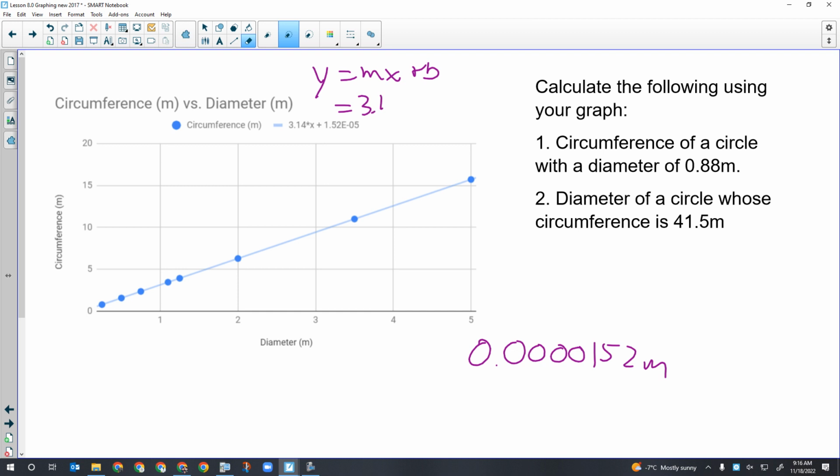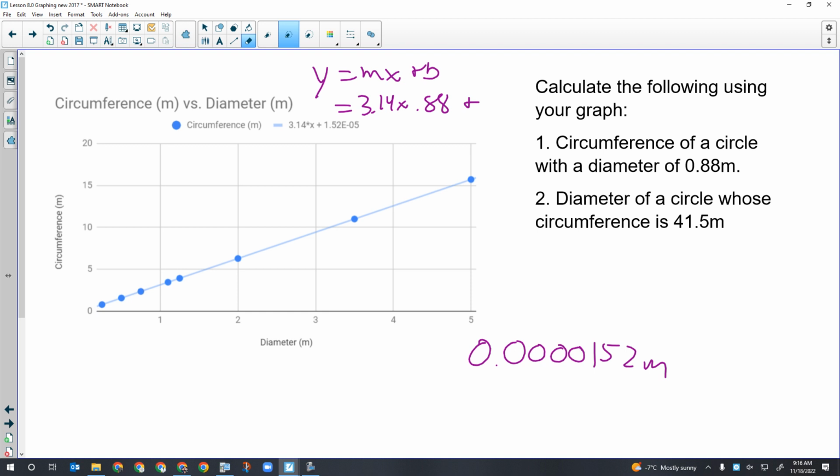M is 3.14. X is 0.88, plus this number here. Would that get me my circumference? It would. Is that essentially just pi times diameter? It is, and that's how you calculate the circumference of a circle, is it not?